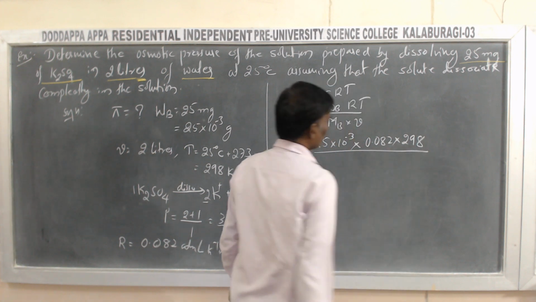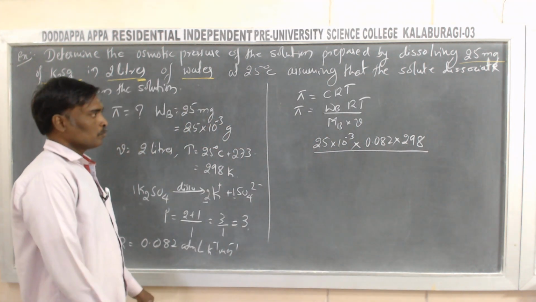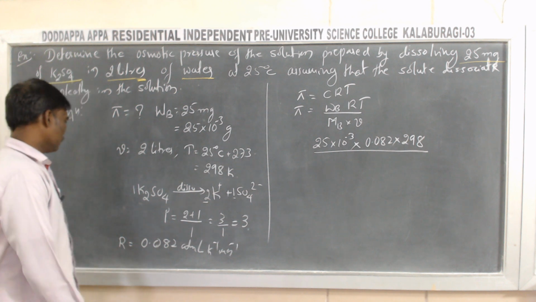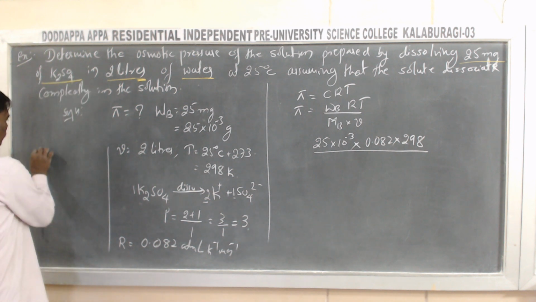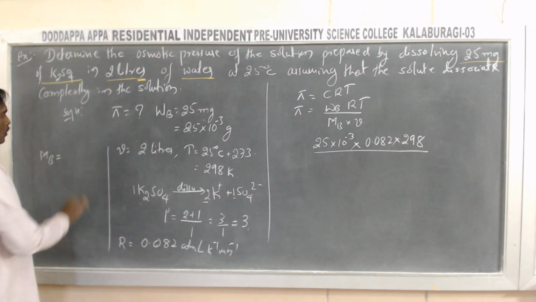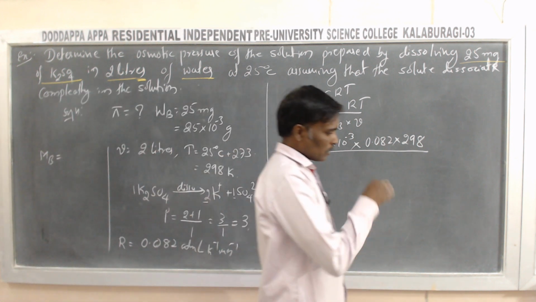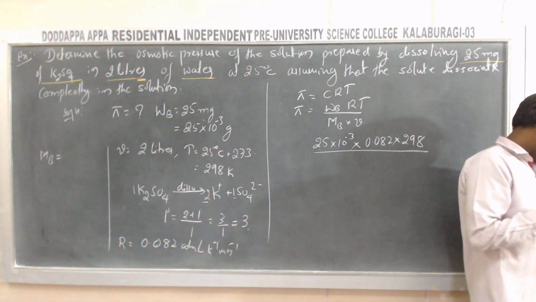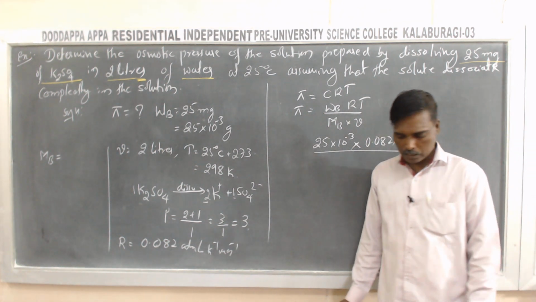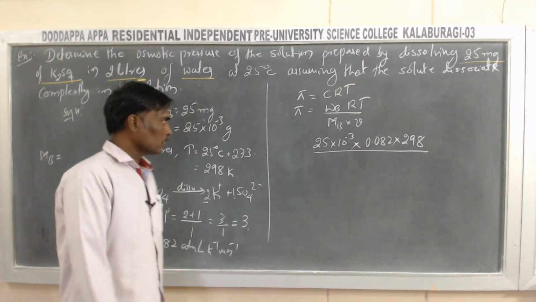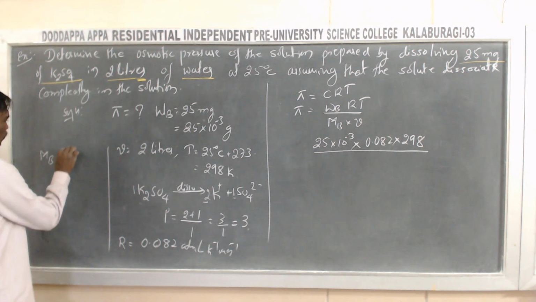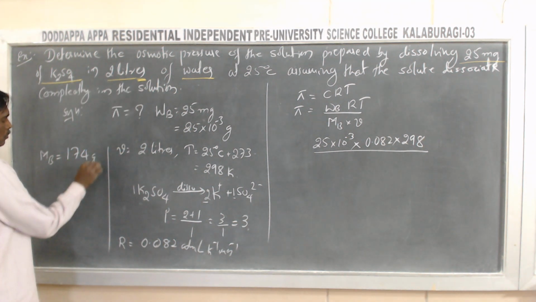divided by MB. MB is the molecular mass of this solute. So MB for potassium sulfate, have we calculated the molecular mass of potassium sulfate? Molecular mass is the sum of the atomic masses of all the elements, and its value is 174 grams per mole.